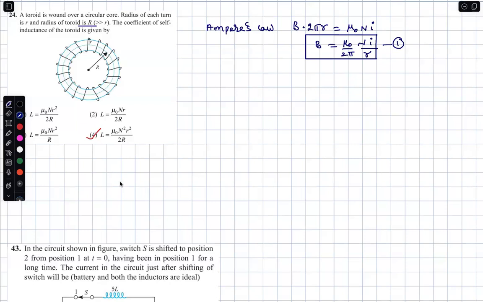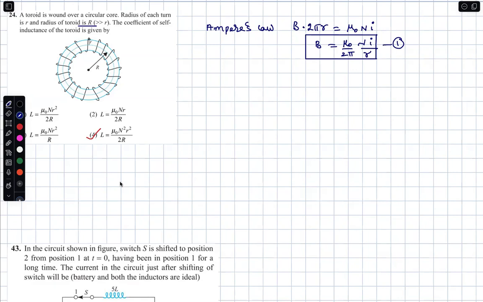Just a correction. Why? Because small r is the internal radius. This one, capital R is the internal radius. Small r is the radius of the cross section of the tube. Mu naught by 2 pi n square by R I times pi r square. That is the total flux.